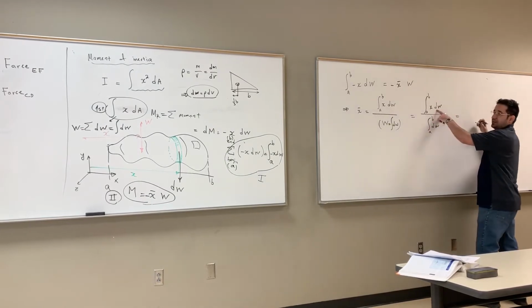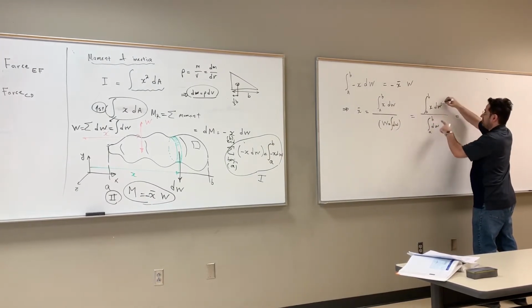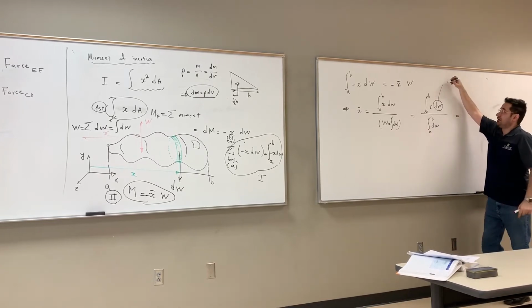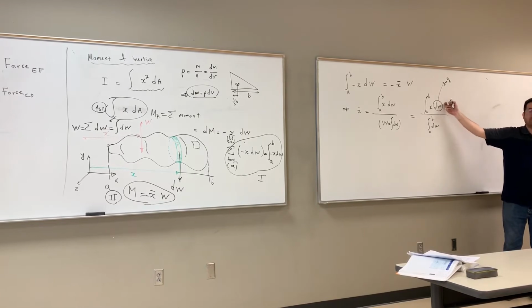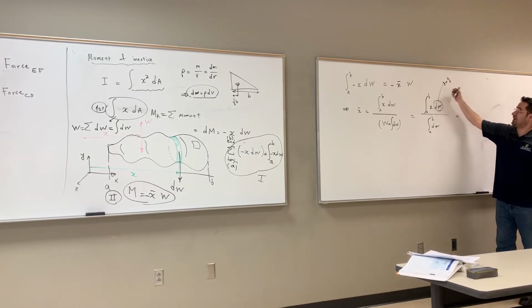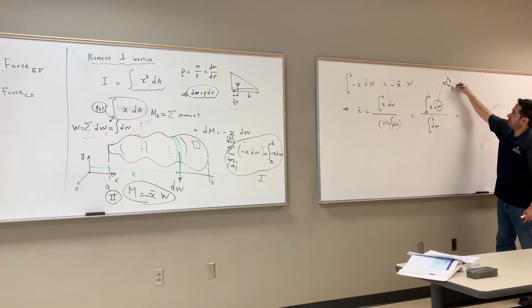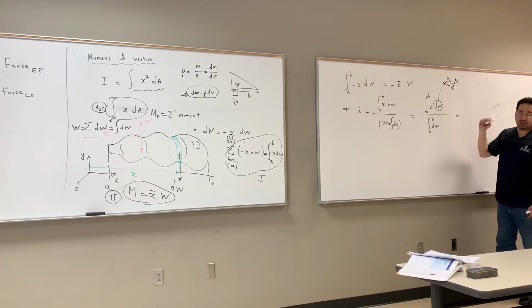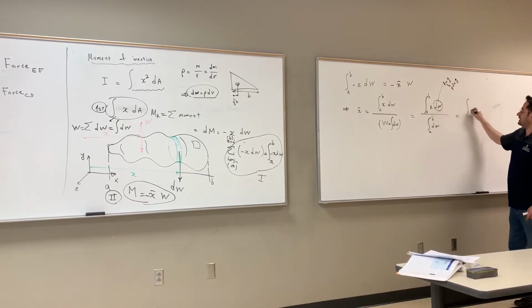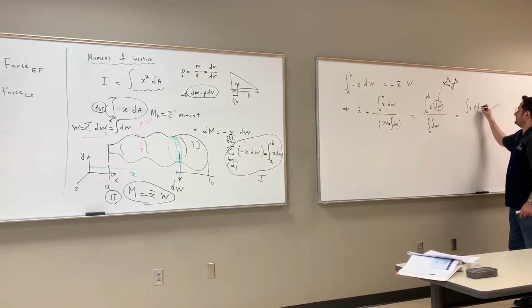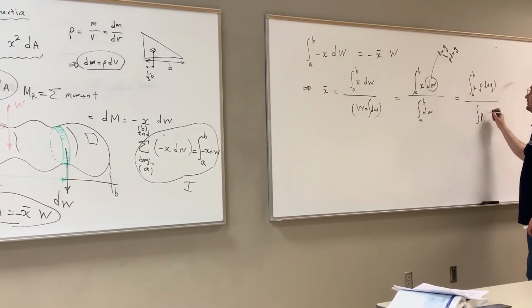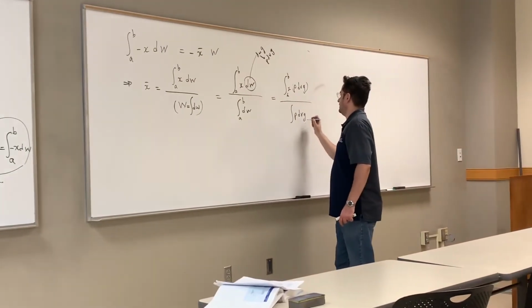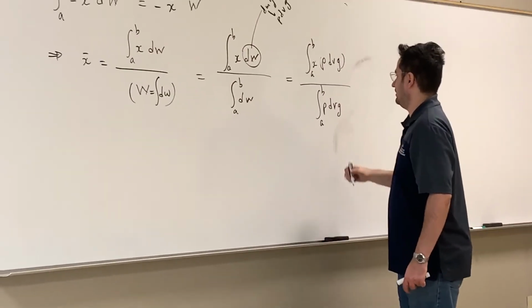This dW is a weight, so instead of dW you can put mass dm times g, right? Body force is equal to mass times g. Instead of dm, you can put rho dV times g, right? So here you get the integral of x rho dV g from A to B over the integral of rho dV g from A to B.